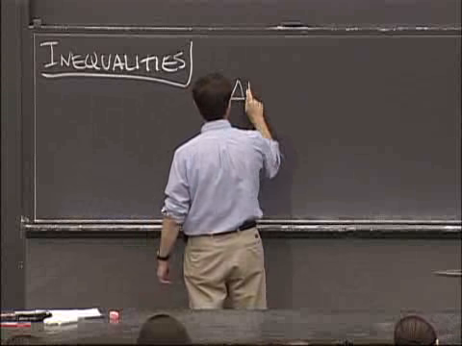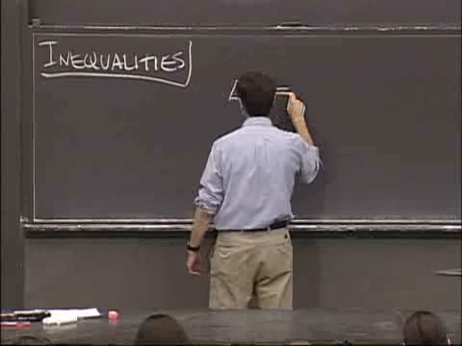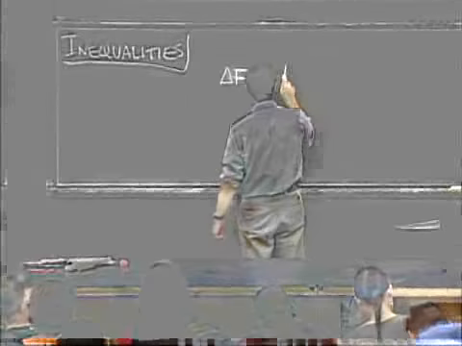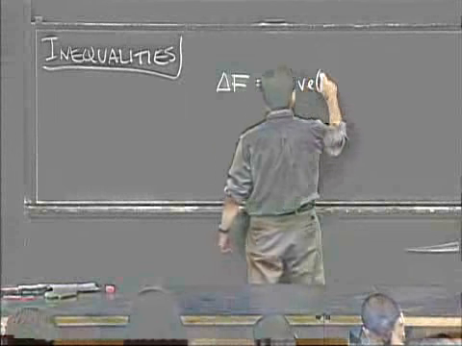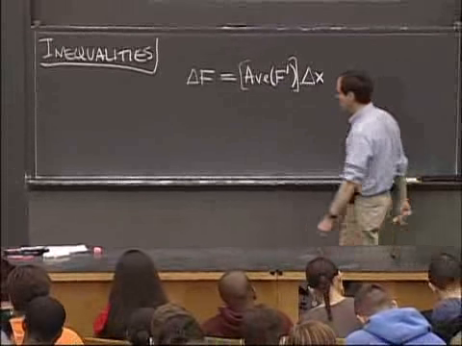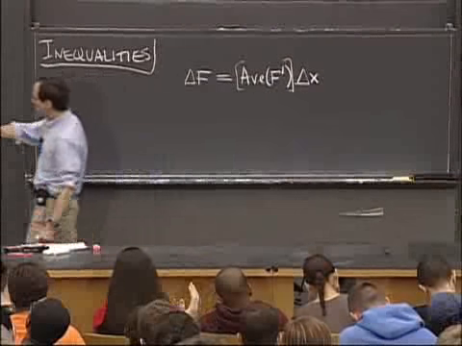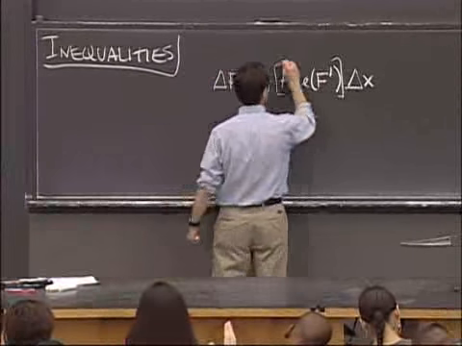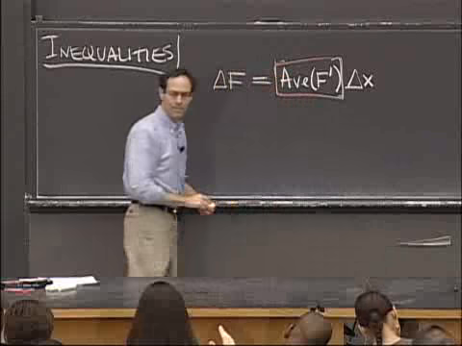It says that delta f in this notation is equal to, well, if I multiply by delta x again, I can write it as the average of f. So I'm going to write it as the average of f prime here times delta x. All right, so we have this factor here, which is the average of f prime, or the average of little f. It's the same thing. And then I multiplied through again. So I put the thing in the red box, right? Here.